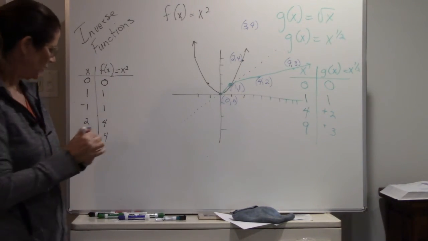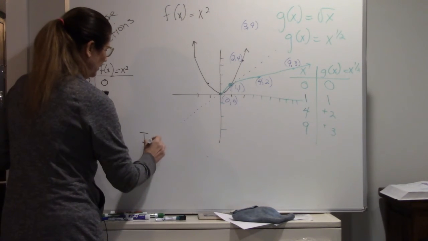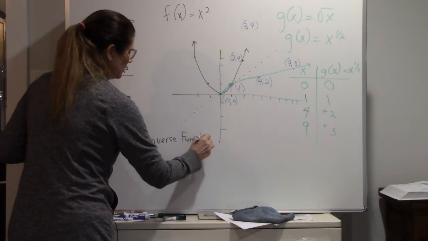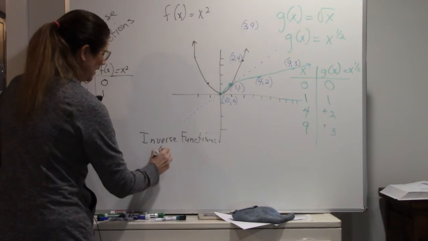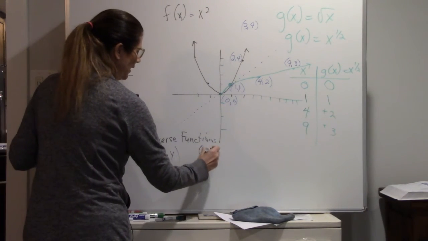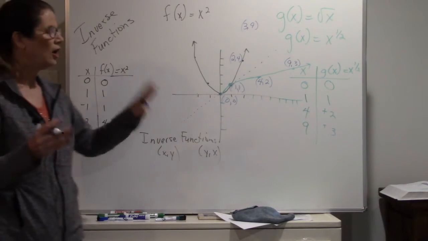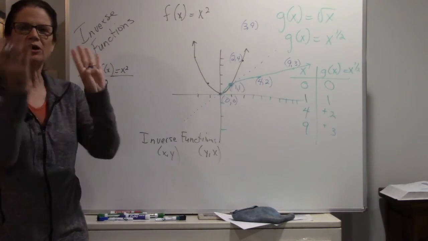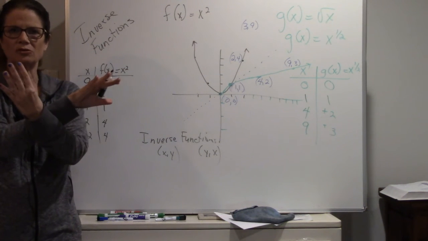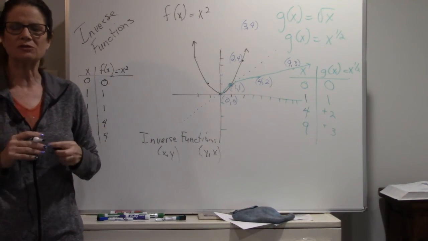Well, what you're seeing is when you have inverse functions, the x, y in one function is the y, x in the other function. Okay? So our inverse function means our x's and our y's reverse or become opposites of each other. And an inverse function, you'll see that every single time.